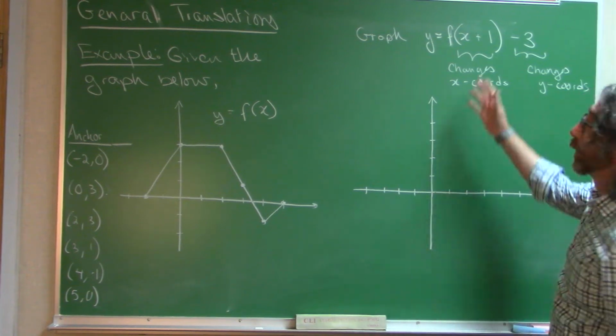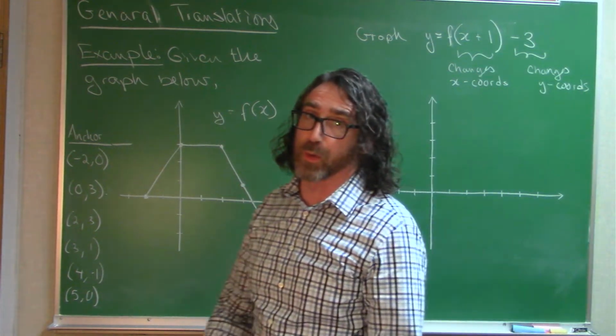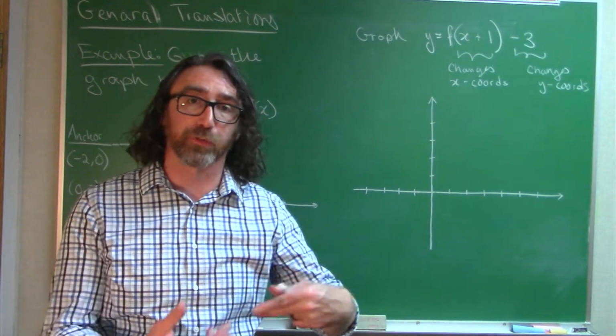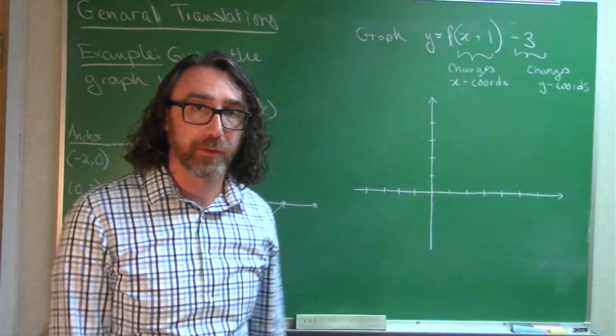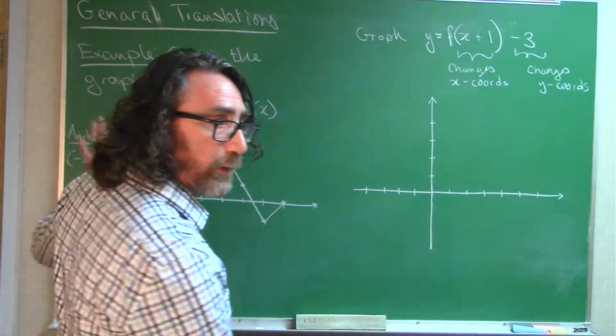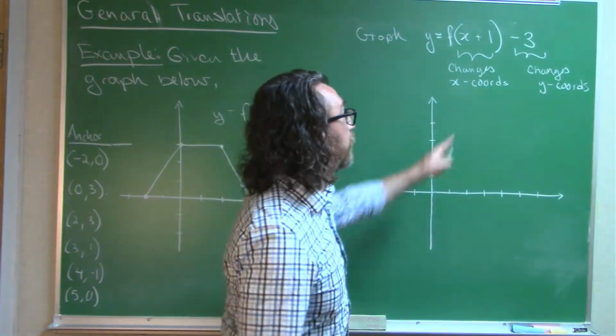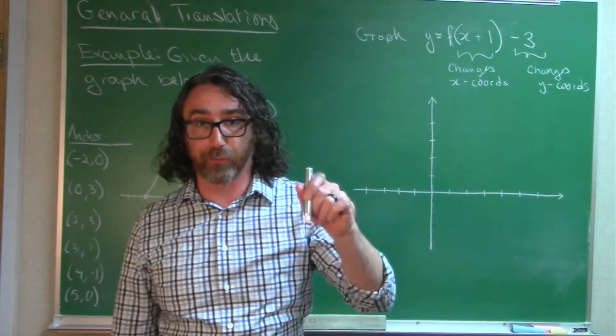Okay, so we've seen these type of changes before. We know how changing x to x plus 1 affects the graph. It moves the graph 1 unit that way, 1 unit to the left. And the minus 3 is going to move the graph 3 units down.